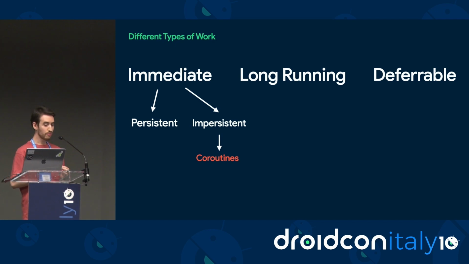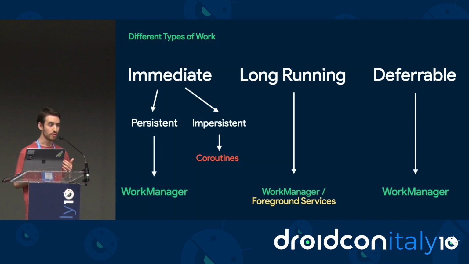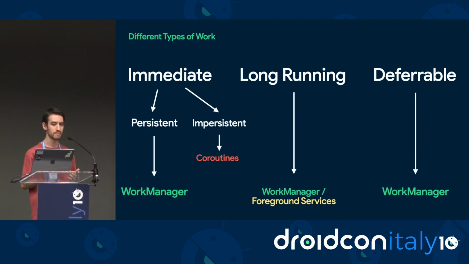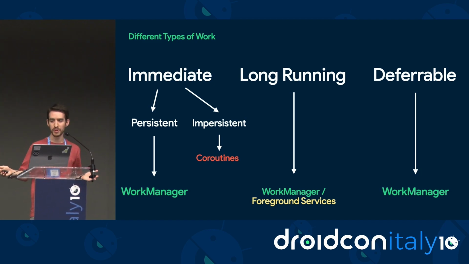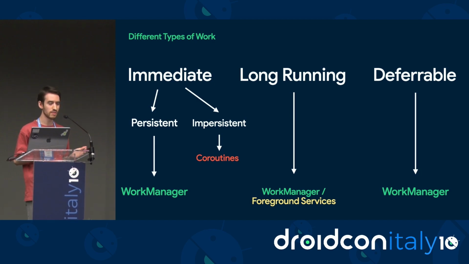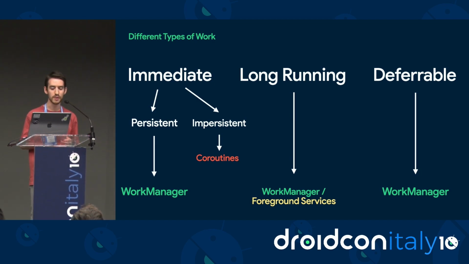For all the other categories, so for persistent work, WorkManager and ForegroundServices in some cases are the recommended solution. I didn't insert impersistent long-running and impersistent deferrable because sometimes it doesn't make sense to have, for example, deferrable impersistent work, because you're giving your work to the operating system, you're saying schedule it in this window of time, and maybe your app will be closed in that time, so it needs to be persistent work.